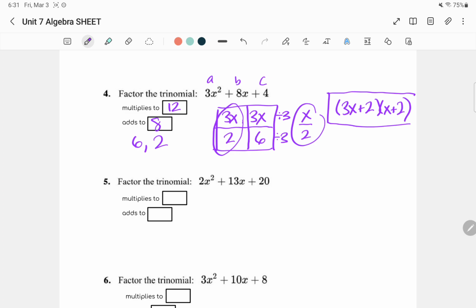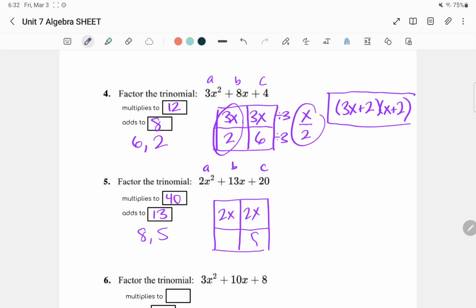So for number 5, we're going to label A, B, and C. A times C, 2 times 20 is 40. And we're going to add to 13. Those two numbers are going to be 8 and 5. So for my window pane, I should put 2x at the top.